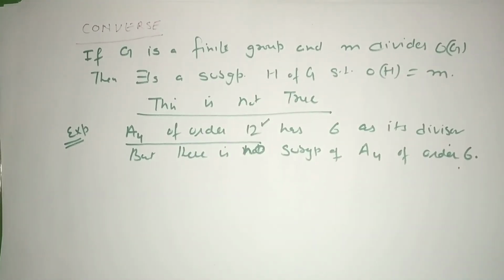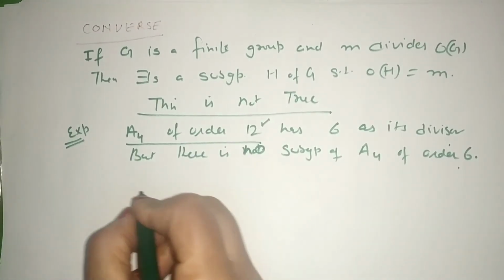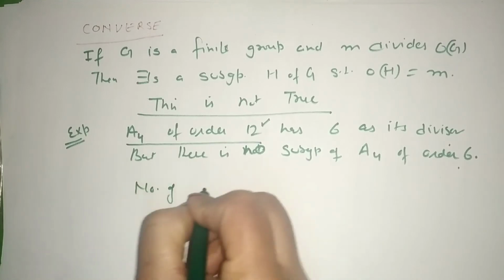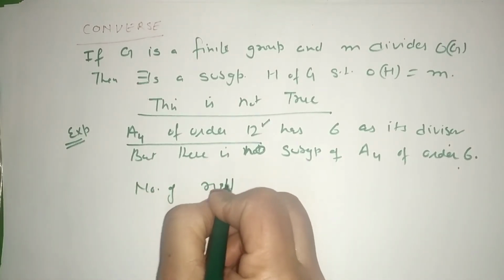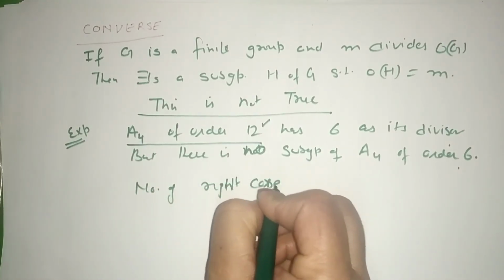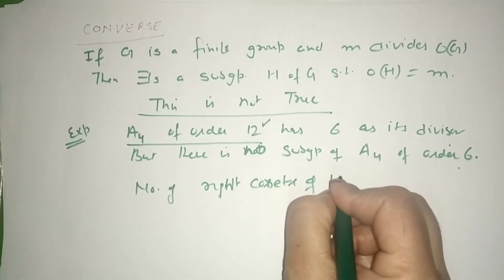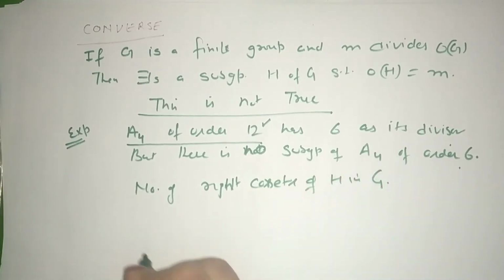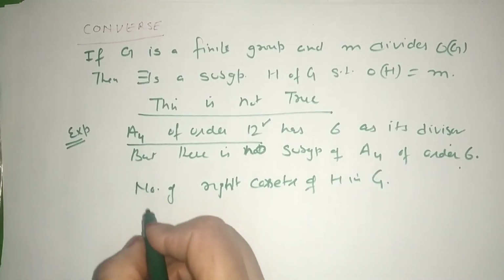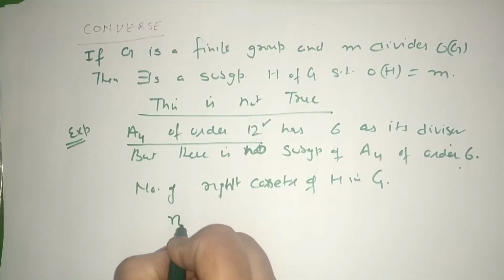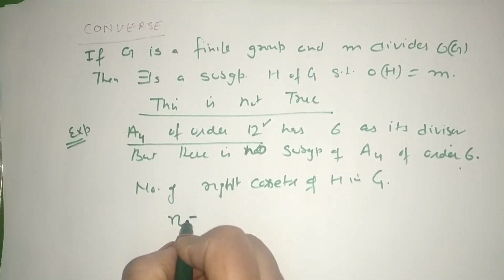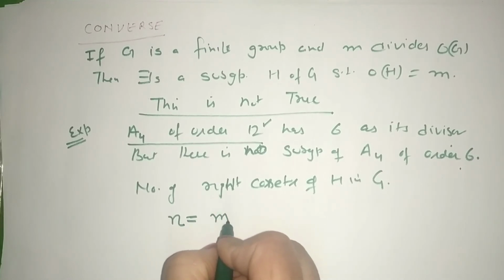Now one more important thing that we have seen here: the number of right cosets of H in G. How many? In Lagrange's theorem, we have seen that the order of group G, that is n, can be written as m into k.